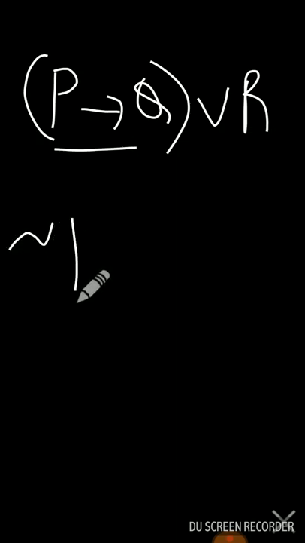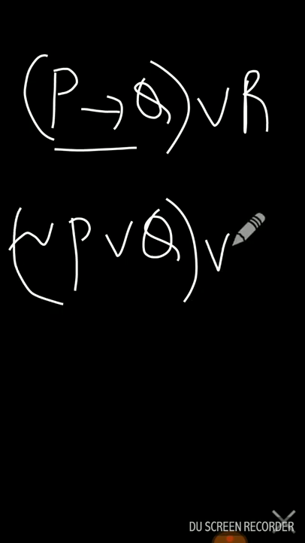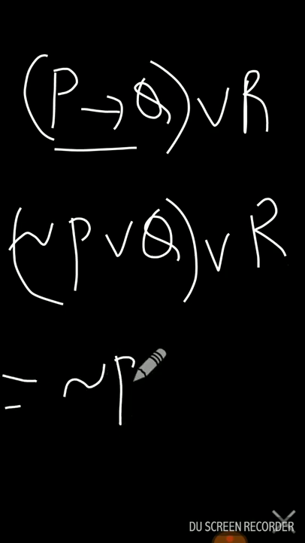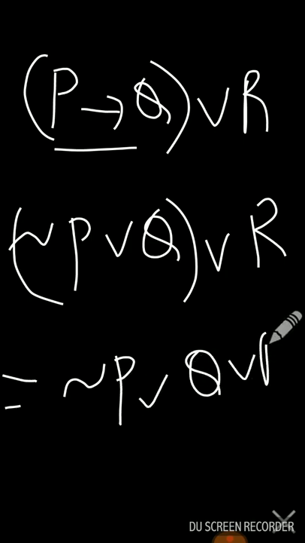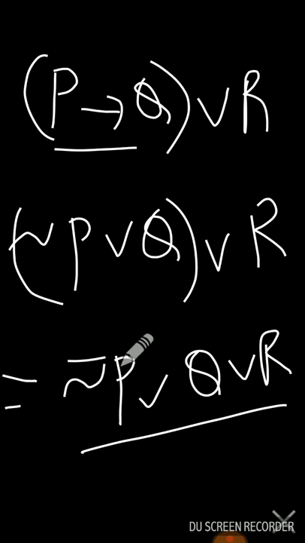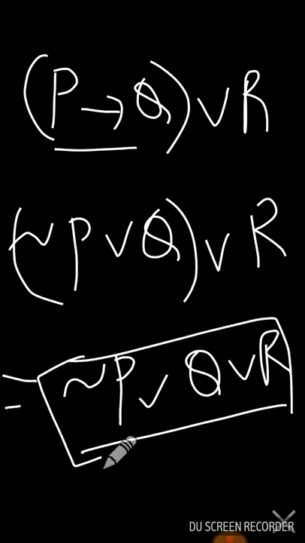You can write it like negation of P and Q and negation of R. So next, negation of P, disjunction Q, disjunction R. So this is a clausal form. Okay, this is the desired clausal form. So the first step is to convert every premise or every statement into the clausal form.